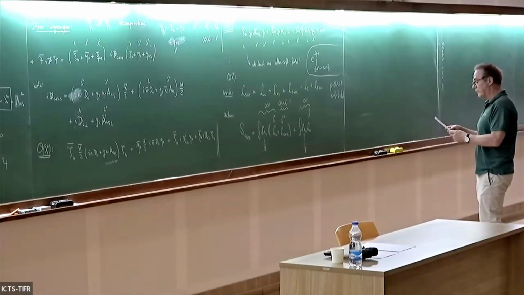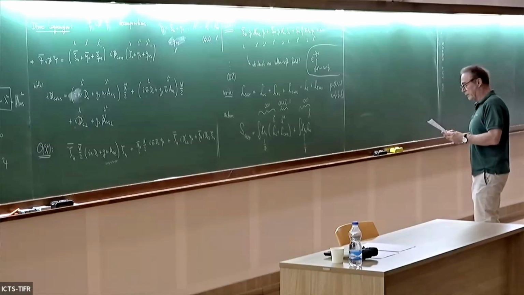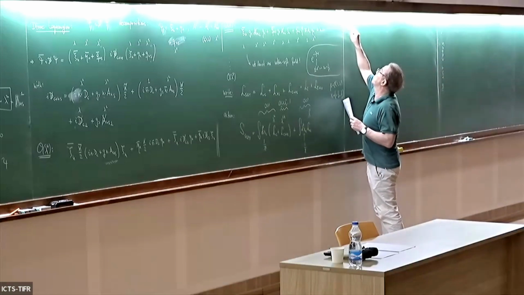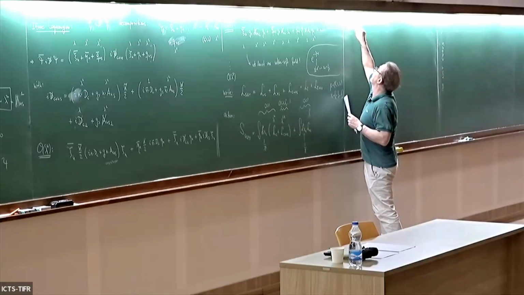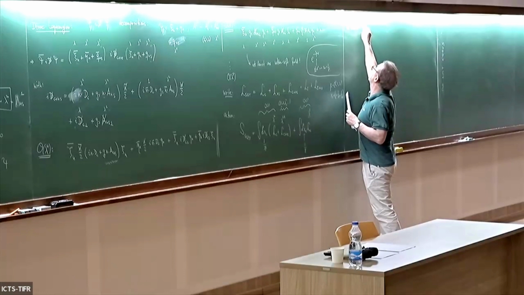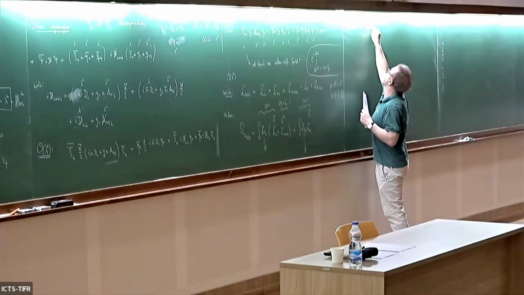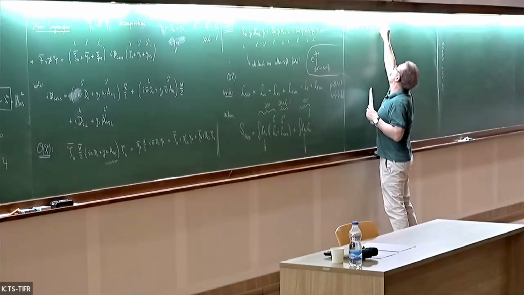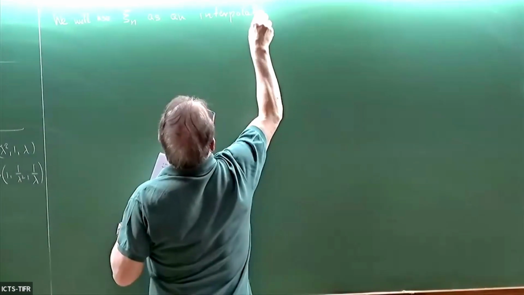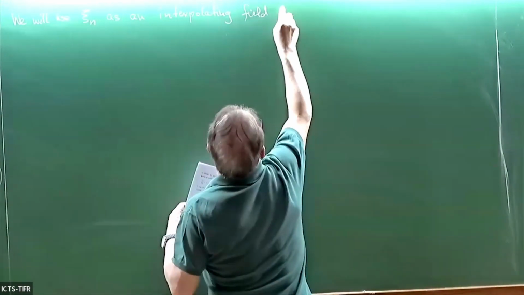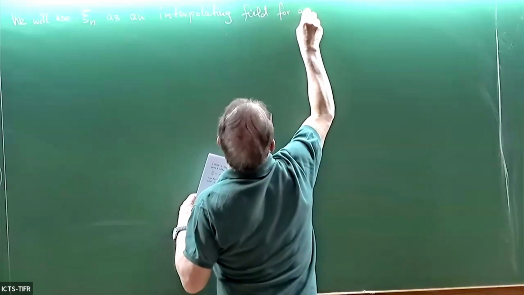Now we are going to, we will use C as an interpolating field for a collinear quark.